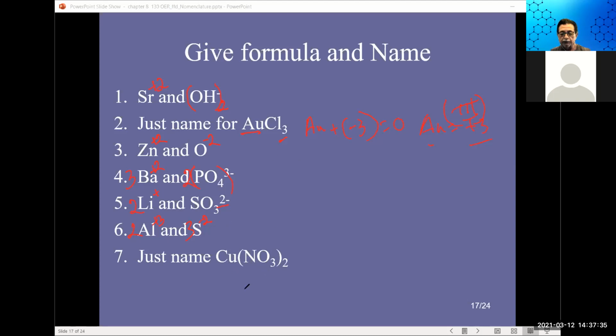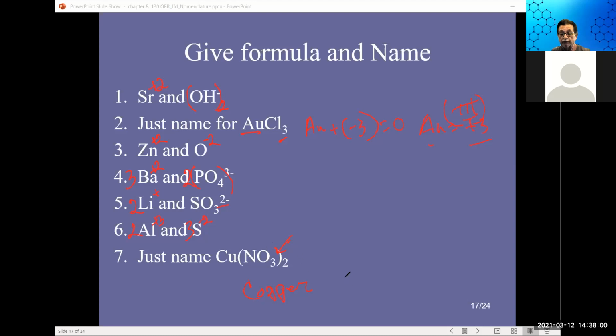Well, obviously we got copper, Cu. And then we look at the parentheses, and so that's a good indication of polyatomic ion. So we go to the table, we look up NO3. Eventually we become familiar with the NO3 and don't have to go look it up and realize that this is nitrate. Each nitrate is a -1.